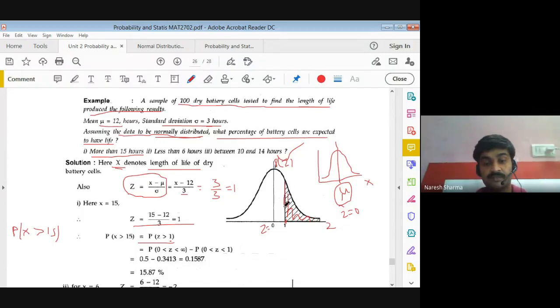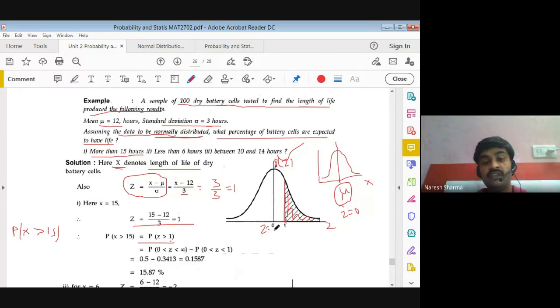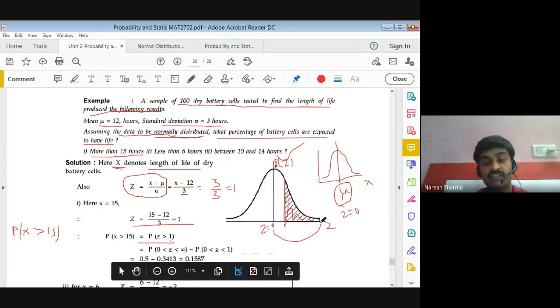We know that our table is given from 0 to any arbitrary point z, so we have to do all calculations with respect to 0. We know the probability from 0 to infinity is 0.5.